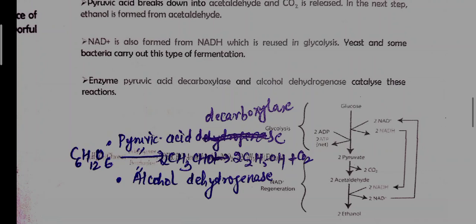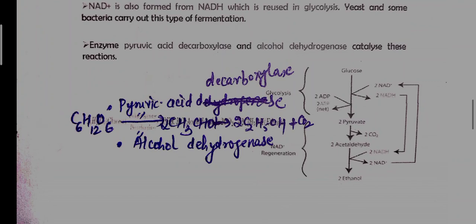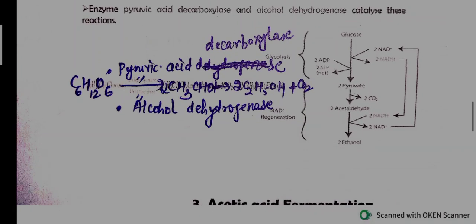Yeast and some bacteria carry out this type of fermentation. Enzymes pyruvic acid decarboxylase and alcohol dehydrogenase catalyze these reactions. This is the reaction which shows the conversion of glucose into 2-pyruvate, the conversion of 2-pyruvate into acetaldehyde, and then 2-acetaldehyde into ethanol.